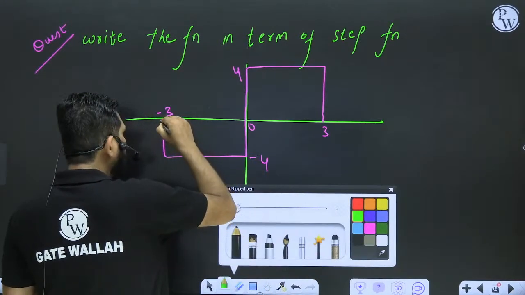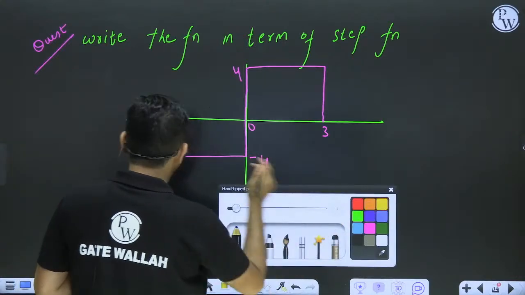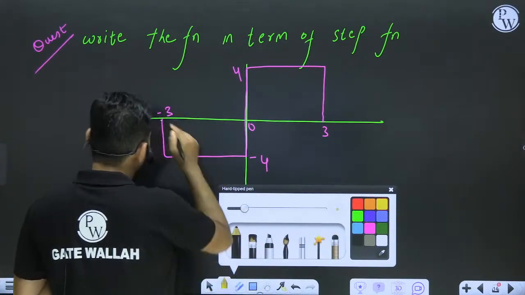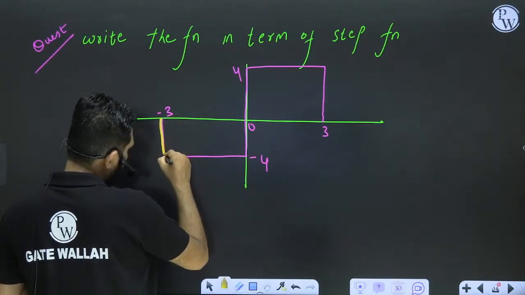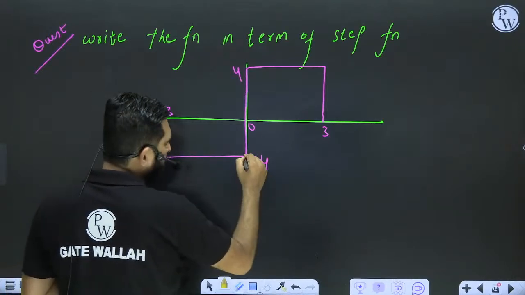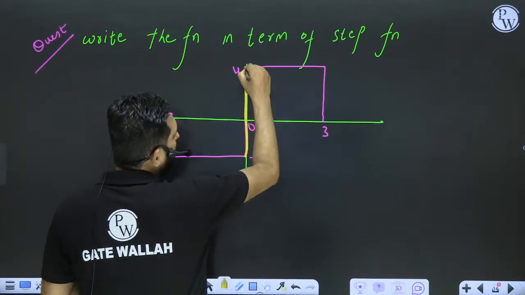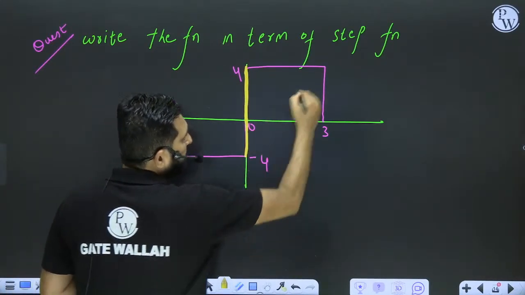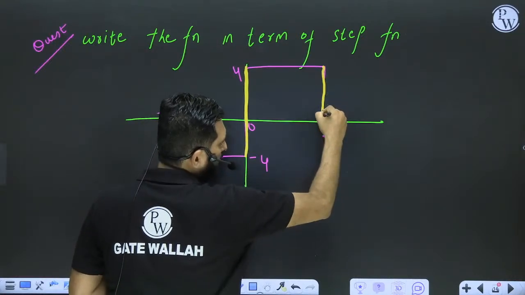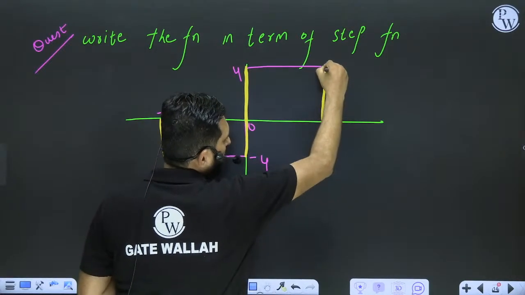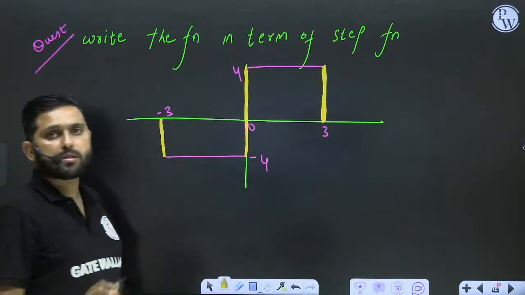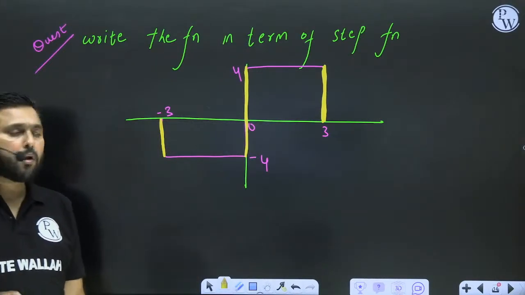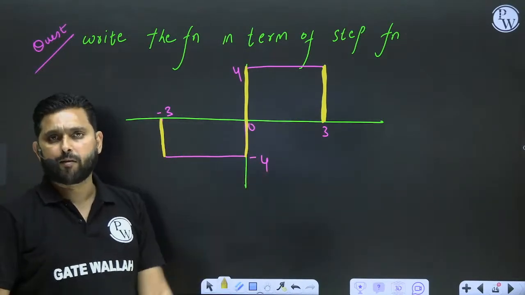This is a jump, that is one jump, another jump, and this is another jump. The number of jumps is equal to the number of step functions involved here.